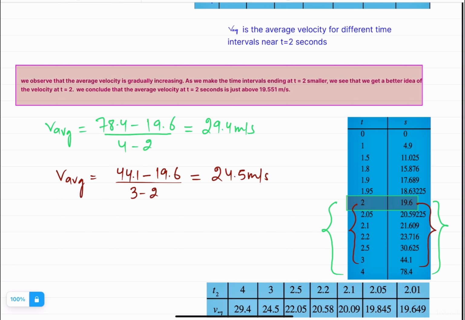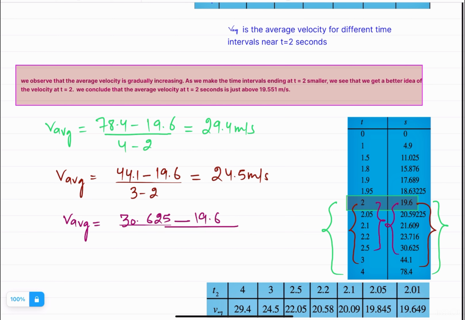Now we are coming closer to 2. If I take 2 and 2.5, here it will be 19.6 and 30.625. For this, average velocity will be change in distance, that is 30.625 minus 19.6, and change in time is 2.5 minus 2.